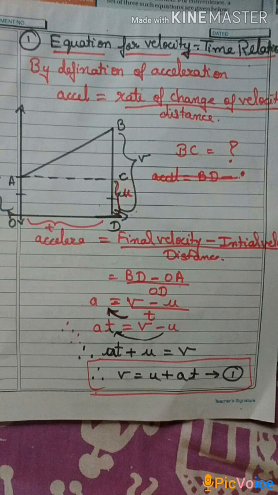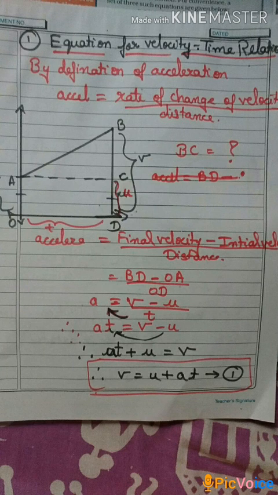BD is equal to v, so we can write v in the place of BD. OA is equal to u, so we can write u in the place of OA, divided by OD. OD I have written as t. Therefore, a is equal to (v − u) divided by t. Now we can move t to the numerator side, which can be simplified as at = v − u.